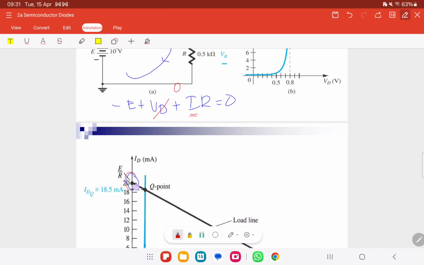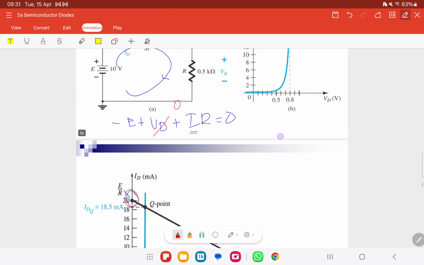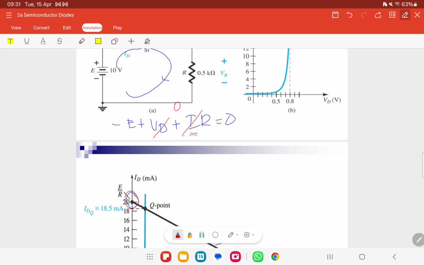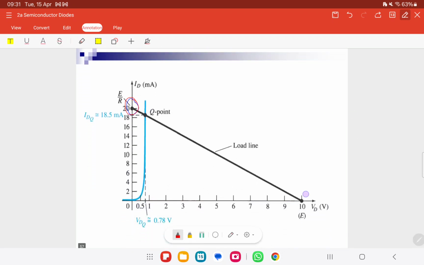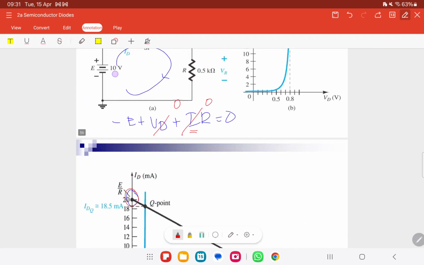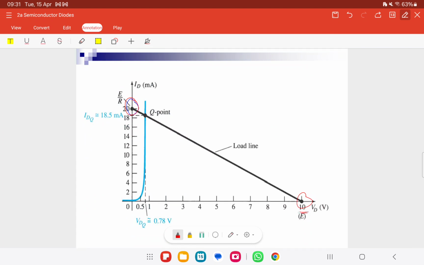Okay, the second one, when we set I equals to 0, we can have E equals to VD kat sini. E equals to VD is the supply lah. So we can have the VD value kat sini. So we have these two points, kita sambungkan.